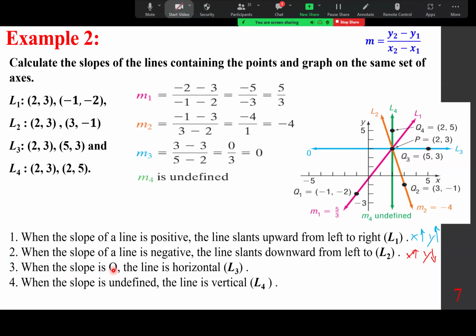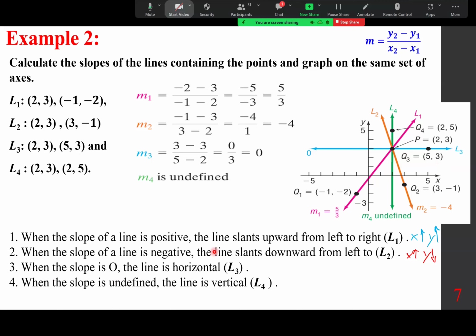When the slope is 0, the line is horizontal because there is no change in the rise. They all have the same y coordinate. If you pick any point, the y coordinate is 3. In fact, you can see, therefore, y equals 3 is the equation of the line.